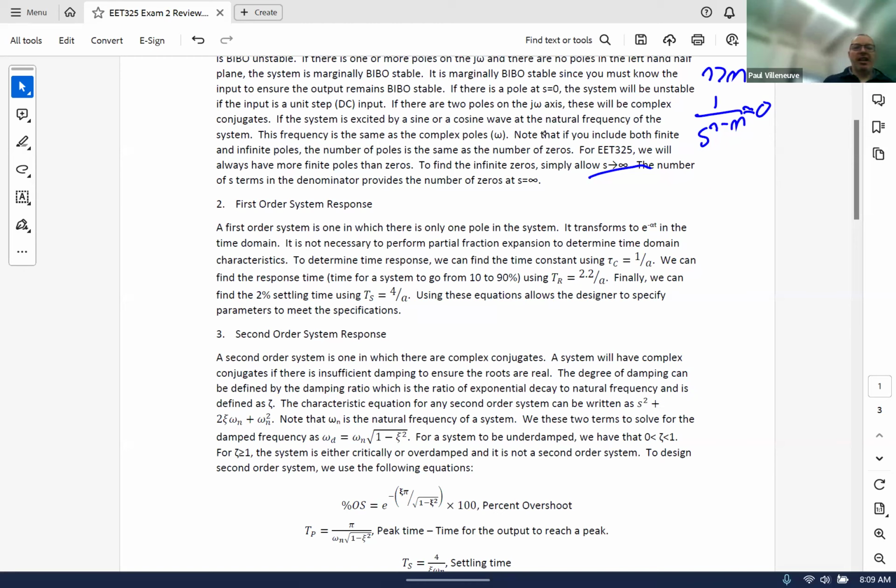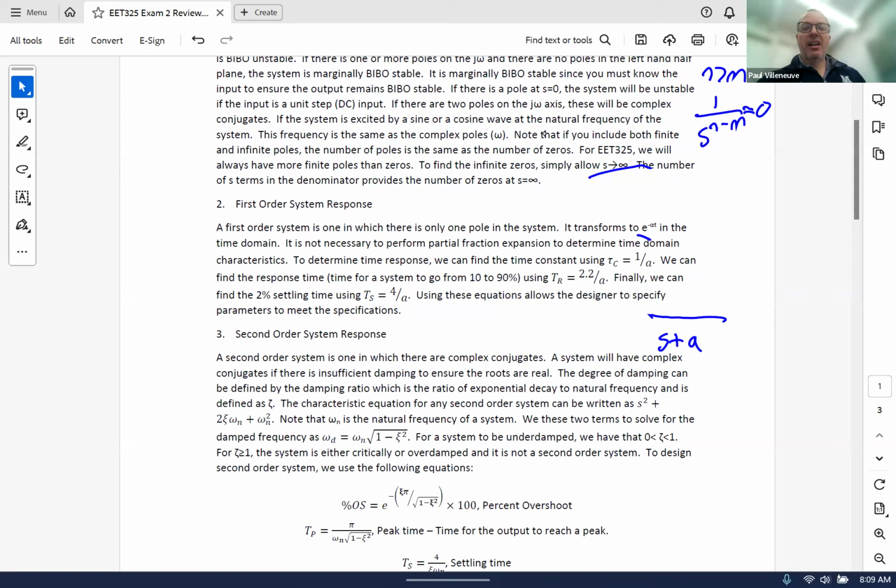So here's the first case where we've got a block diagram of a system, and the system has a first order response, which means that all it has is an S plus A in the denominator. That's our first order system response. I don't know what the numerator is, I don't care. I just know that S plus A is the highest order S term in the denominator. If we do that, we can use these equations.